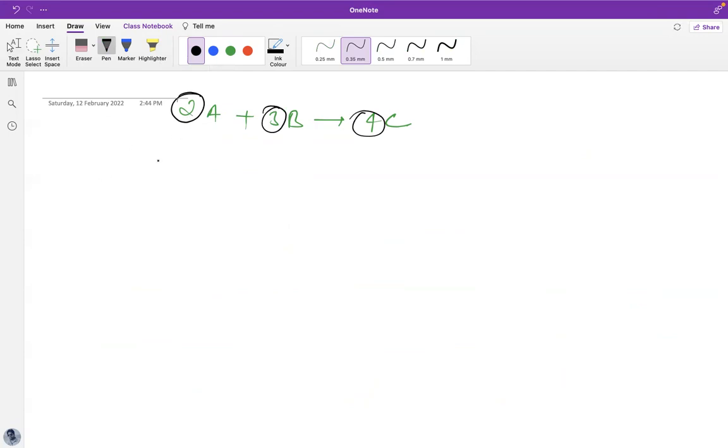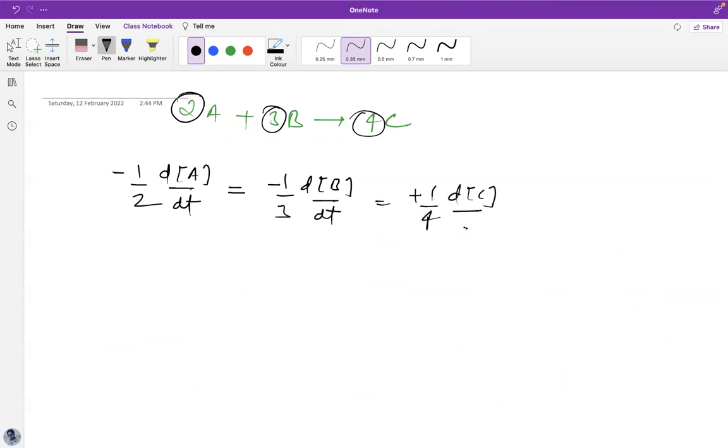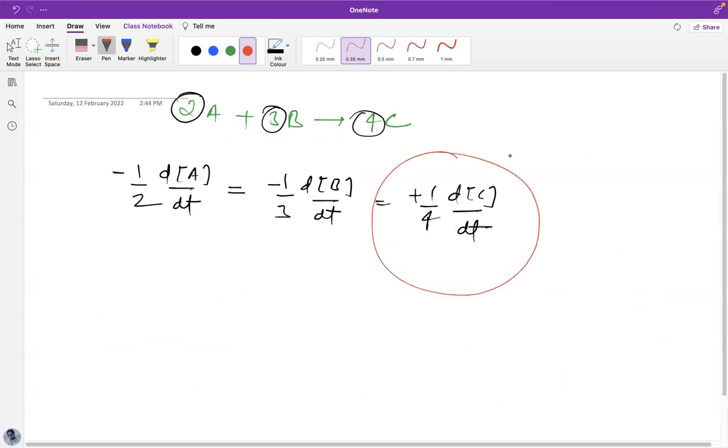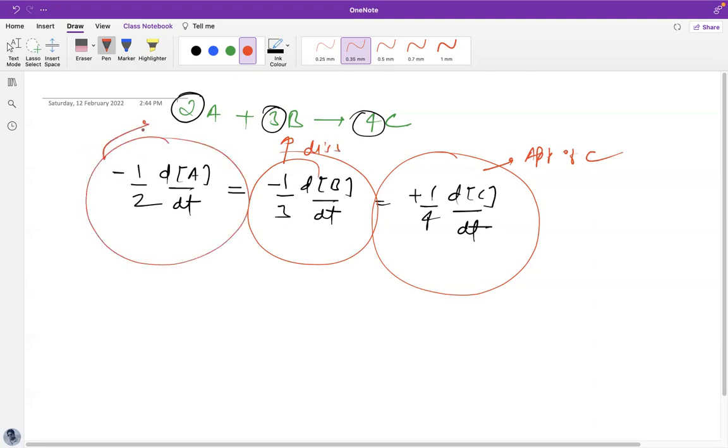Suppose this is 2, so we say minus 1 by 2 dA by dt, which is equal to minus 1 by 3 dB by dt, and that is equal to plus 1 by 4 dC by dt. So this is the formation of C, meaning appearance of C. This is disappearance of B, and this is disappearance of A.